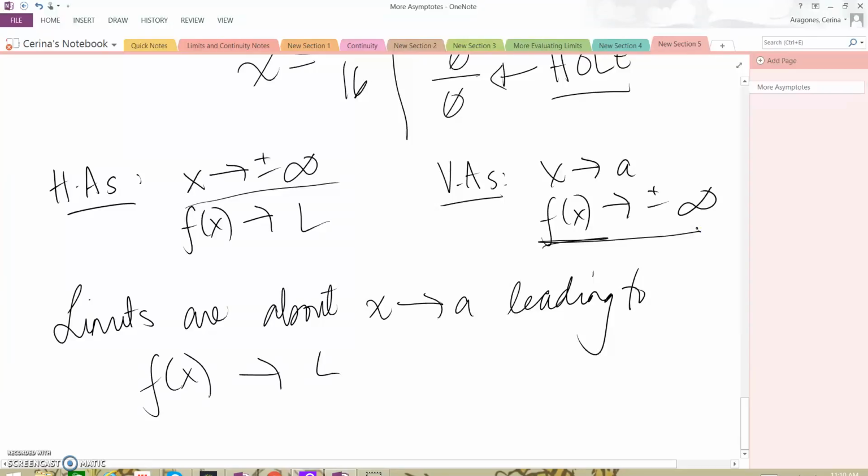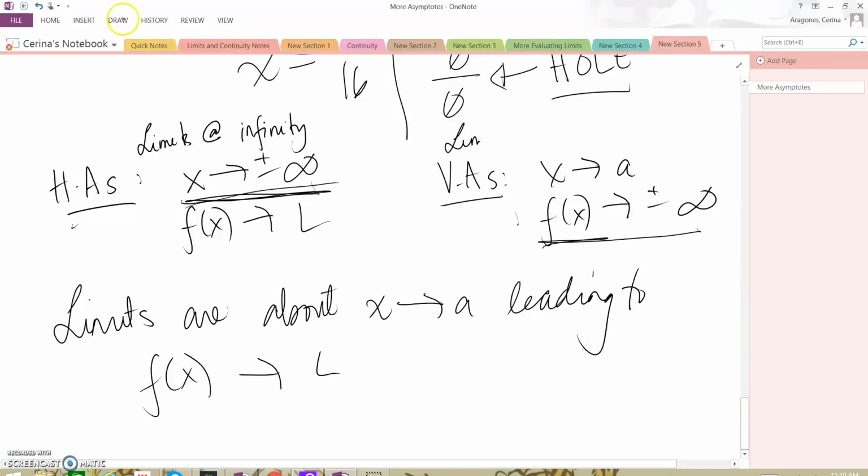So the difference, of course, between horizontal asymptotes and vertical asymptotes is that horizontal asymptotes look at limits at infinity, okay, because we're looking at x as it approaches infinity, and vertical asymptotes are infinite limits.